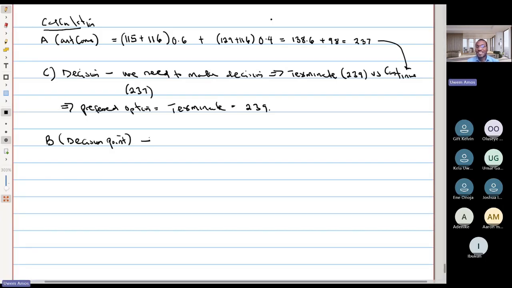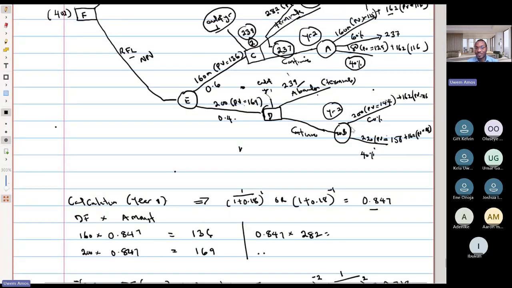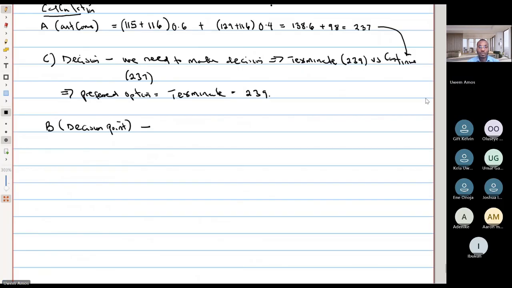Okay, so for the first line under B, there are two lines that go out of B. This is the first line. On this first line, we have 144 and 116. Those are the two values on that line.